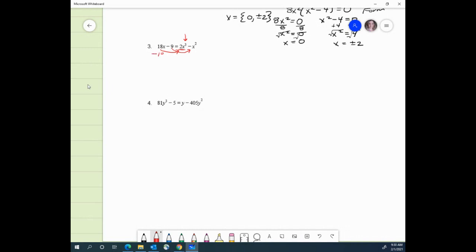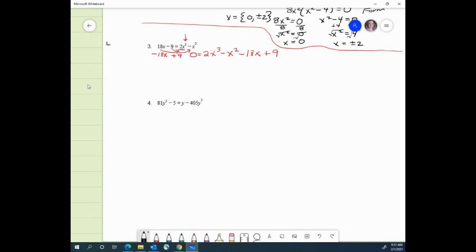And so I'm going to subtract 18x, and I'm going to add 9. So that's going to give me 2x cubed minus x squared minus 18x plus 9. And that's going to equal 0.